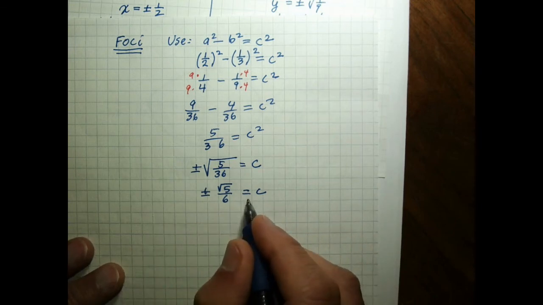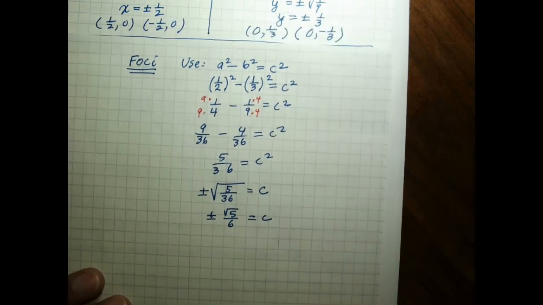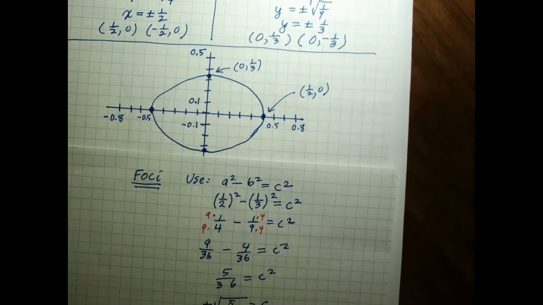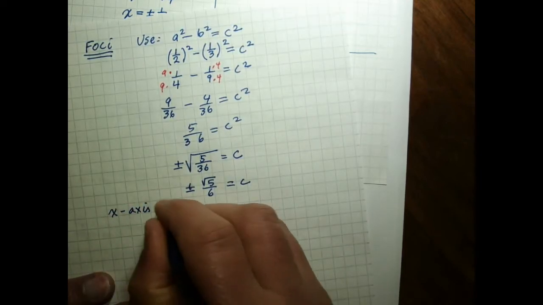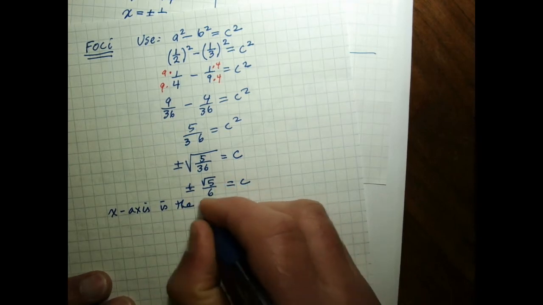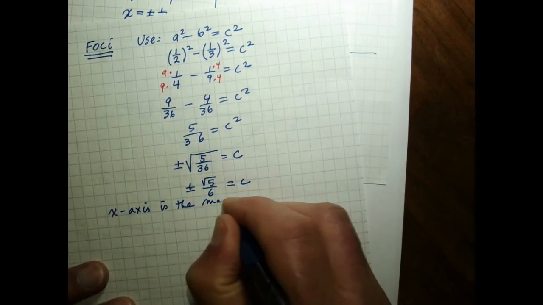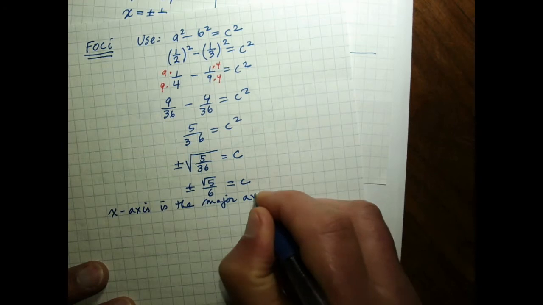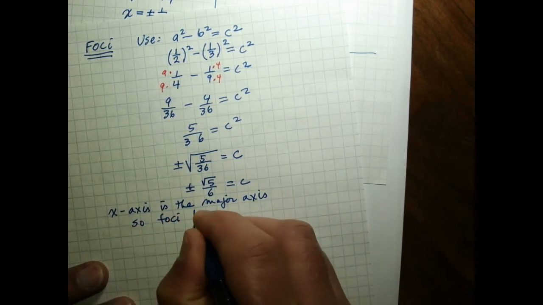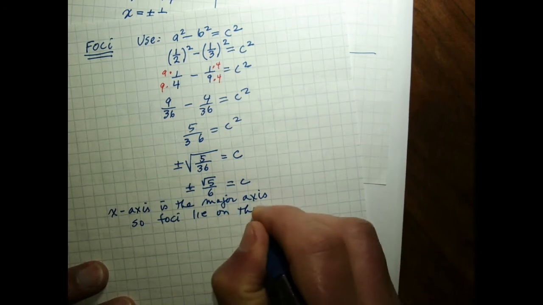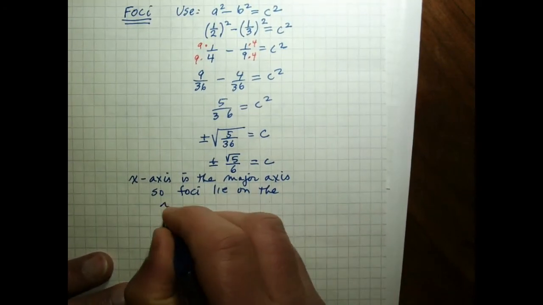But now, are we on the x-axis or the y-axis? Well, from my graph, I know the major axis is the x-axis. So x-axis is the major axis, so the foci lie on the x-axis.